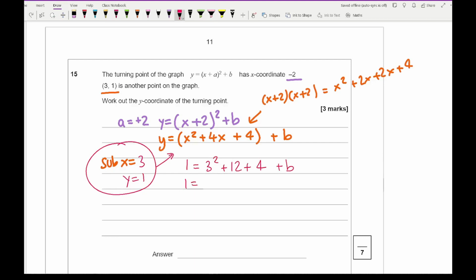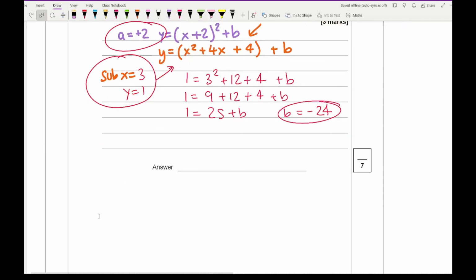Then simplifying that, I get 1 equals 9 plus 12 plus 4 plus b. Collecting all of this, I get 1 equals, and then 9 plus 12 is 21, plus 4 is 25, plus b. So b equals minus 24. And there are my two values. So the y ordinate is minus 24.